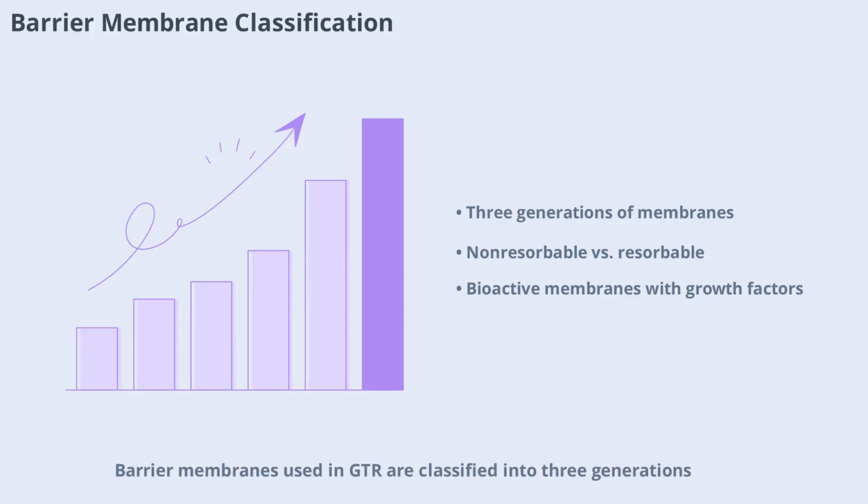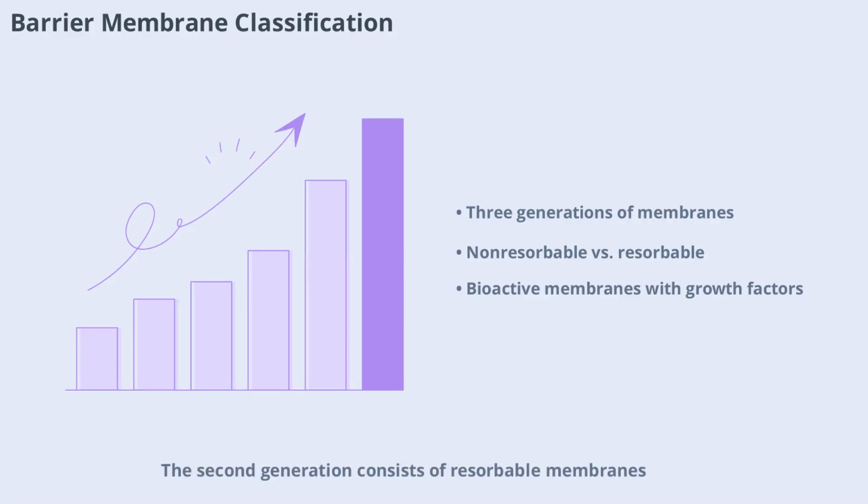Barrier membranes used in GTR are classified into 3 generations. The first generation includes nonresorbable membranes, such as expanded polytetrafluoroethylene, EPTFE, Gore-Tex, dense PTFE, and others. These materials are designed to remain in place until manually removed.